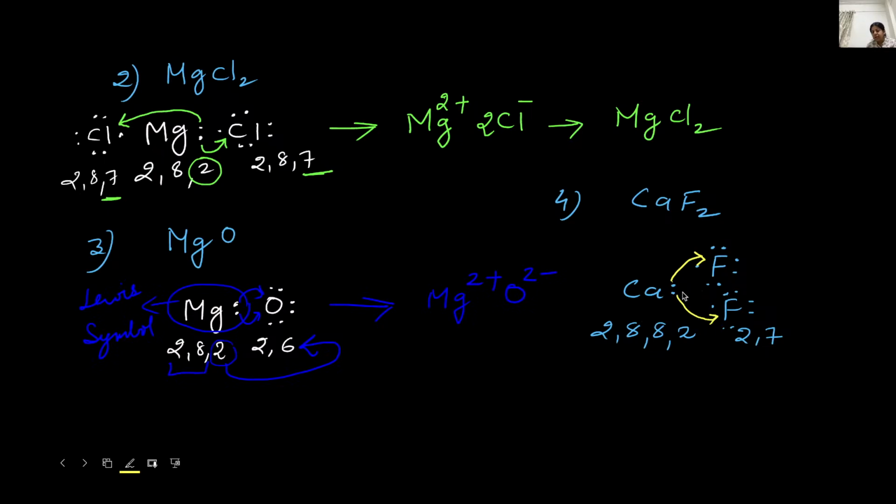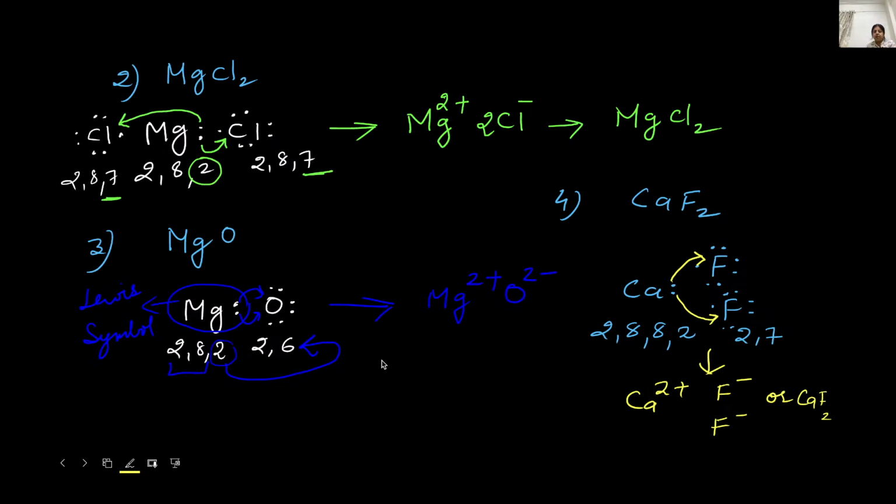Now, by doing this, calcium will acquire 2 positive charges, and the respective fluorides will acquire 1 negative charge each, or we can say there will be the formation of a calcium fluoride molecule, isn't it?